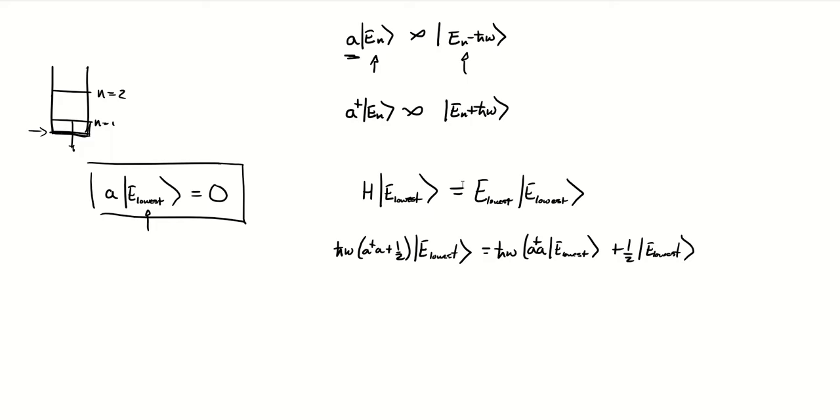But because of this ladder termination condition, this term is 0. The lowering operator acting on that gives us 0. So this ends up being h bar omega over 2 times E lowest is what our Hamiltonian on E lowest is.